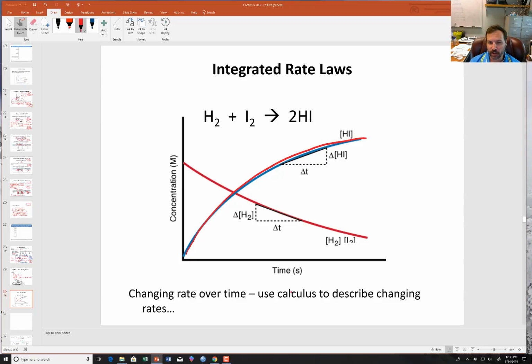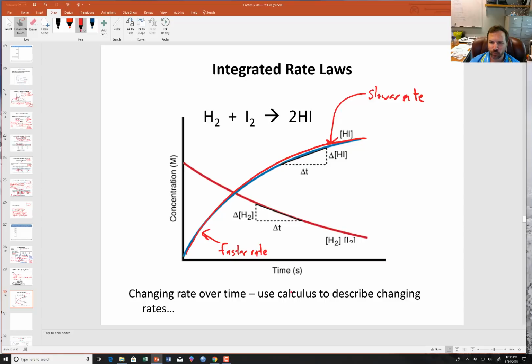At the beginning of the reaction, we have a faster rate because we have a steeper slope, but then at the end of the reaction, we have a slower rate because now the slope has become more shallow, it's less steep.